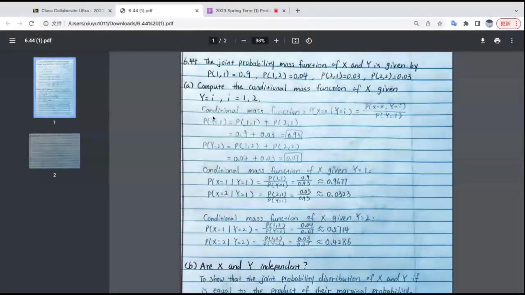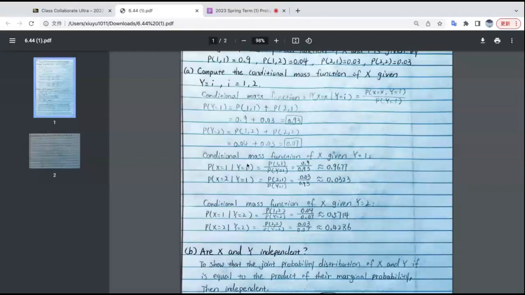So in here we use the conditional mass function, which is this. First I calculate the probability of y equal to 1, which is the probability of (1, 1) plus probability of (2, 1), equal to 0.93, and the probability of y equal to 2, which is the probability of (1, 2) plus the probability of (2, 2), which is 0.07.